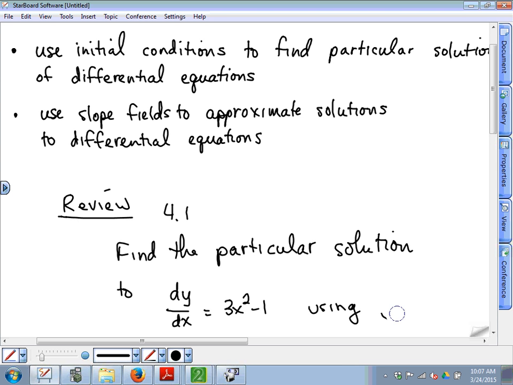Or they may state it like this, capital F of 2 equals 4. We did this back in section 4.1.